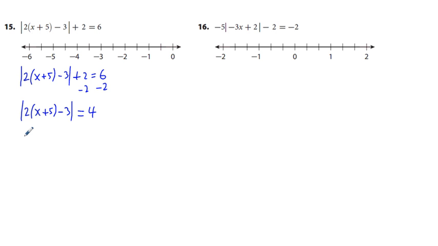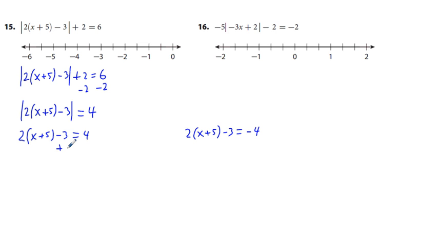So we're going to set this up in 2 directions. We're going to write this as 2 times x plus 5 minus 3 is equal to 4. And over here I'm going to write 2 times x plus 5 minus 3 is equal to negative 4. And we'll just solve each equation.